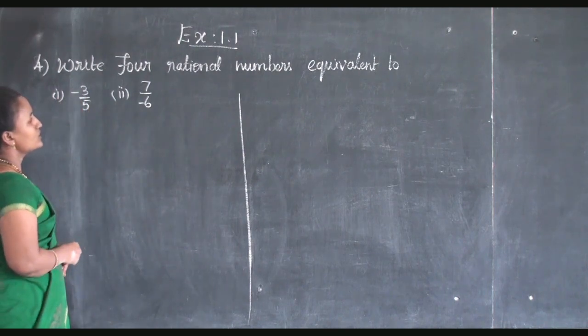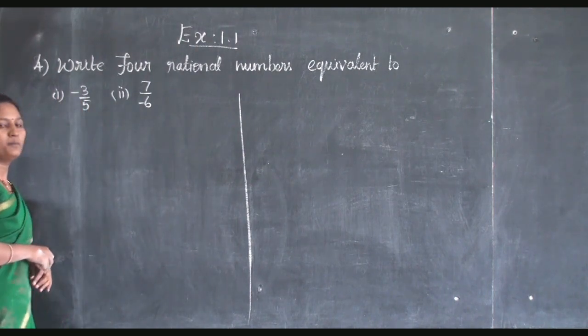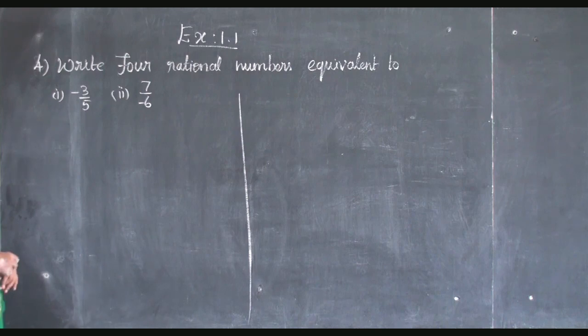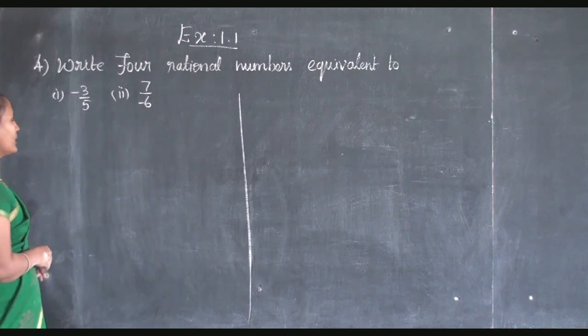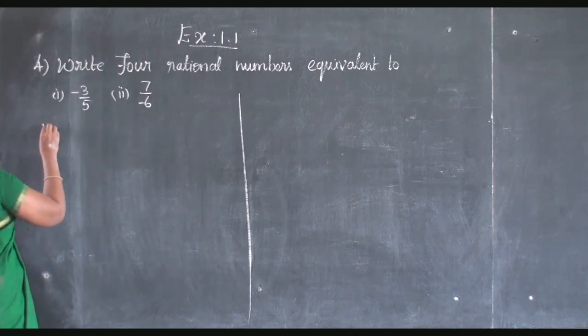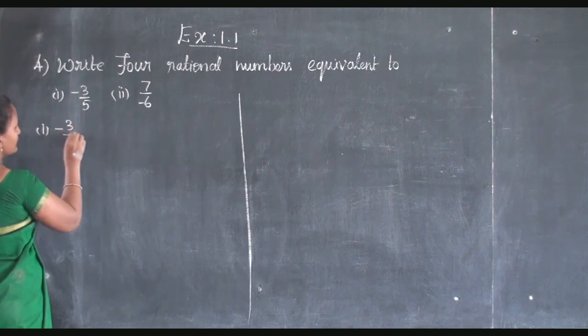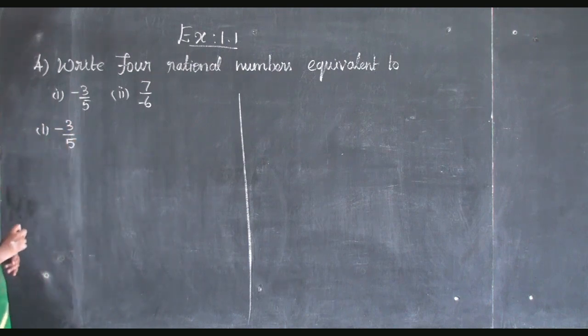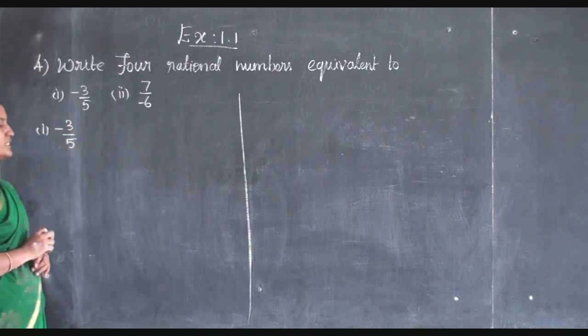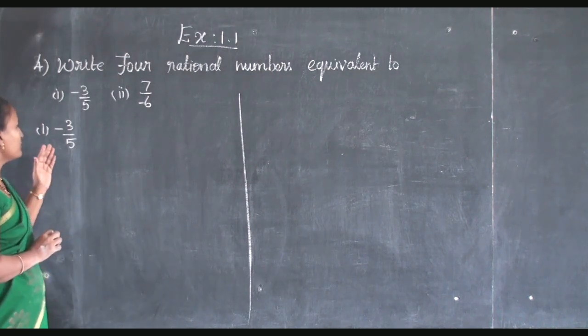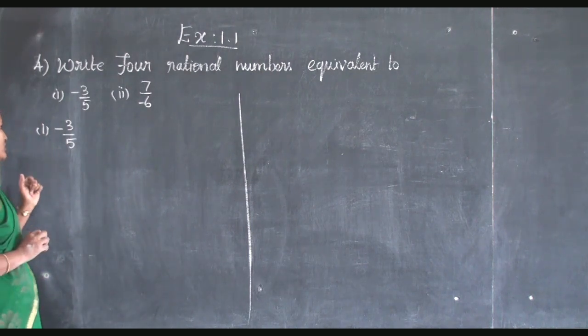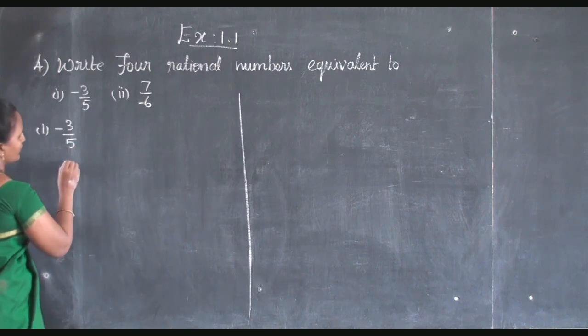Write 4 rational numbers equivalent to minus 3 by 5 and 7 by minus 6. First sum, minus 3 by 5. Equivalent means the number is changed but the value is not changed. How?